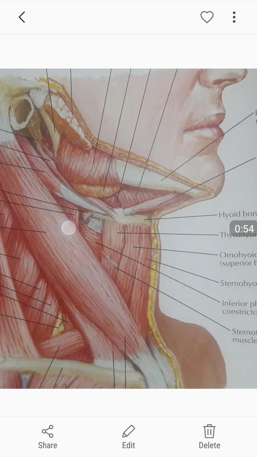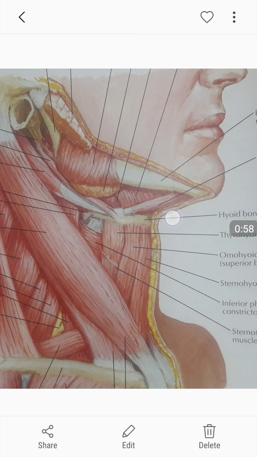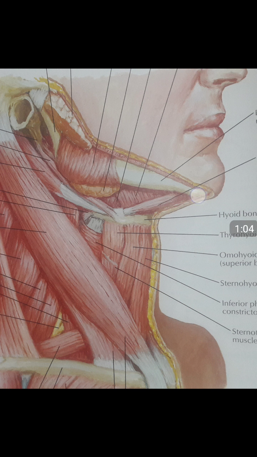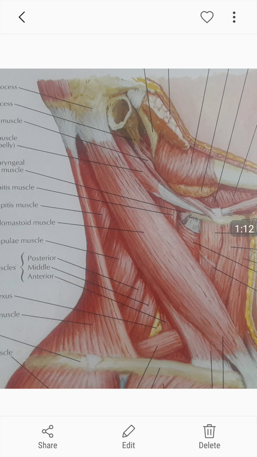Superiorly, this triangle is bounded by the inferior border of the mandible, or base of the mandible, till the angle of the mandible, and from the angle of the mandible till the sternocleidomastoid muscle. Here we have an imaginary line.